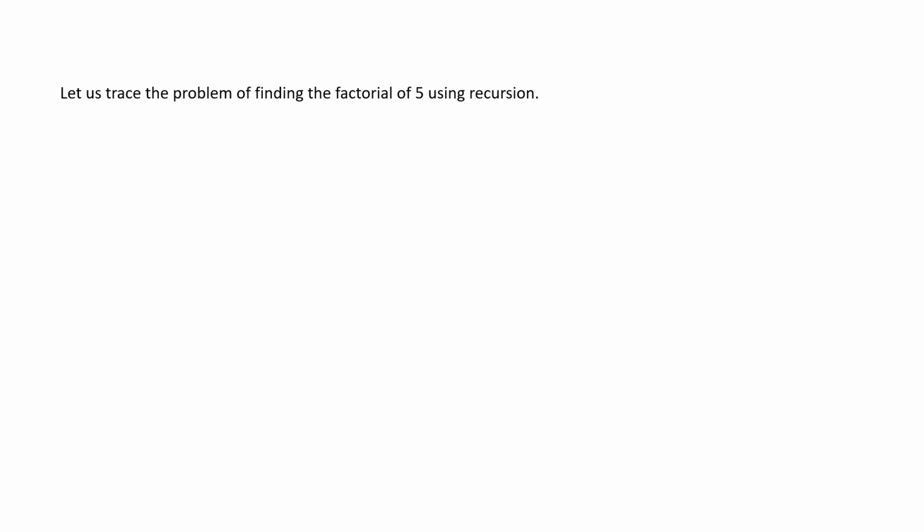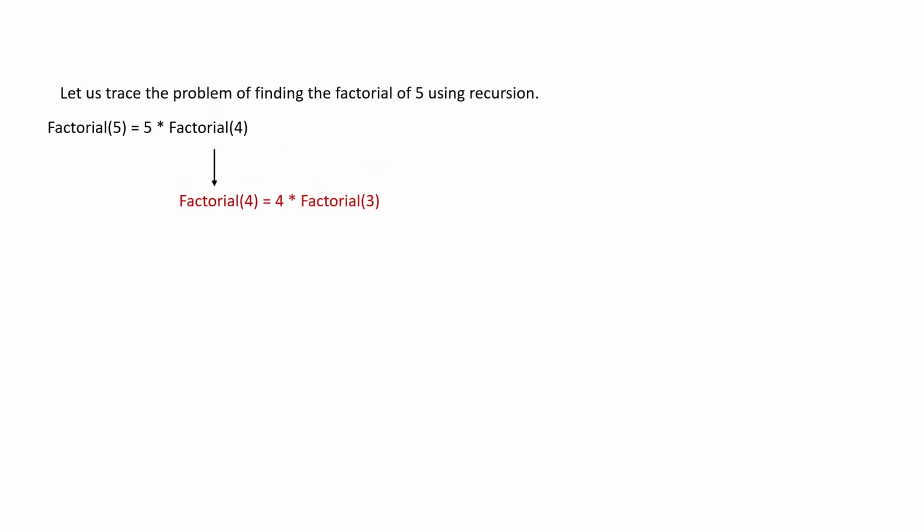Let's trace the problem of finding the factorial of 5 using recursion. We start with factorial of 5, which can be written as factorial 5 equals 5 times factorial 4. Since factorial 4 is not yet known, the function calls itself again to find it. Next step, factorial 4 equals 4 times factorial 3.